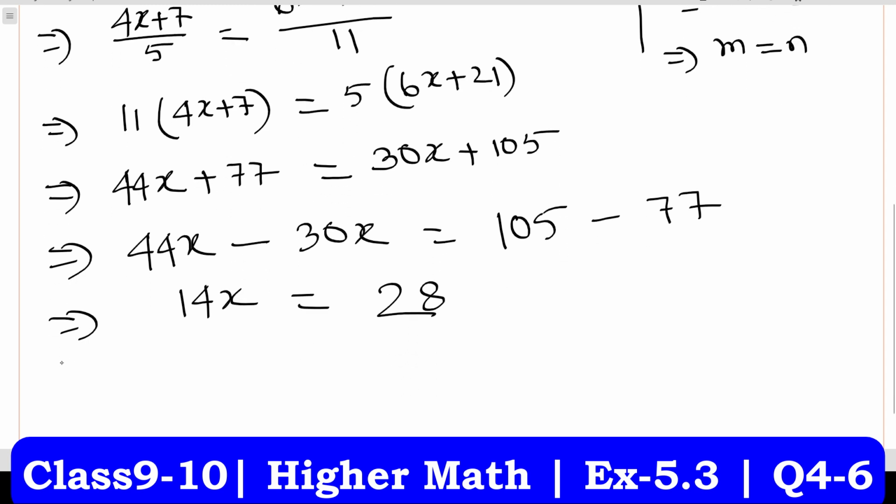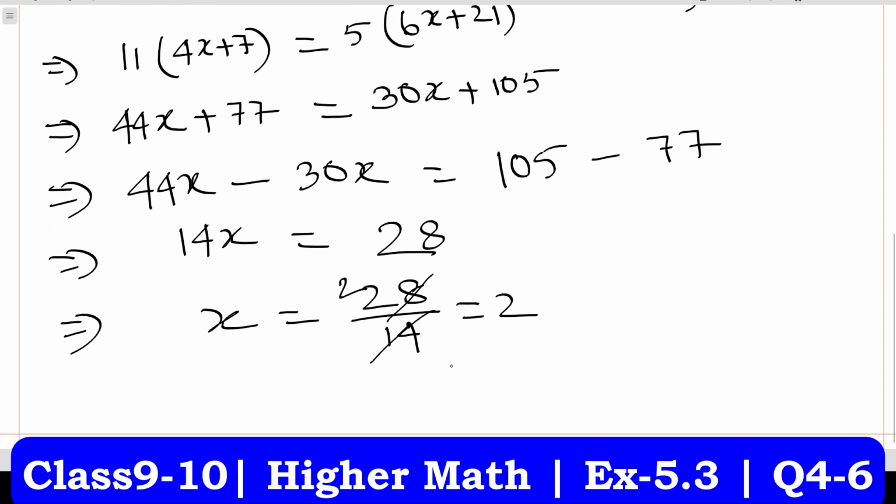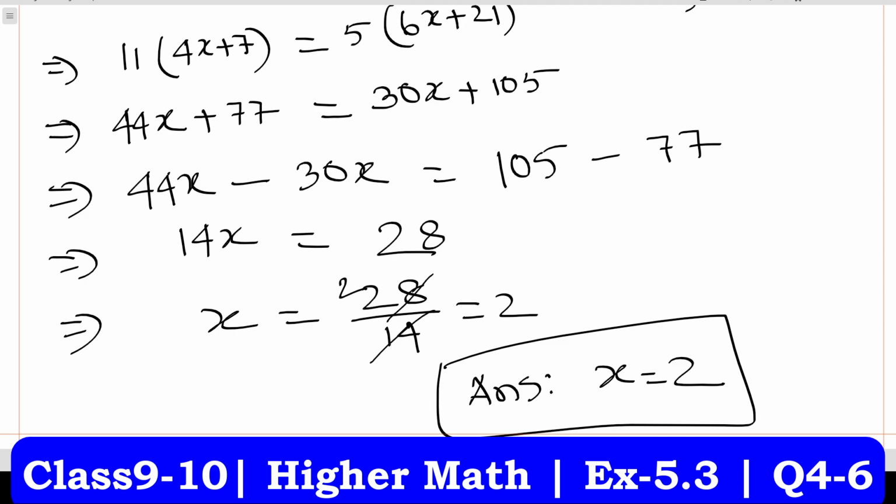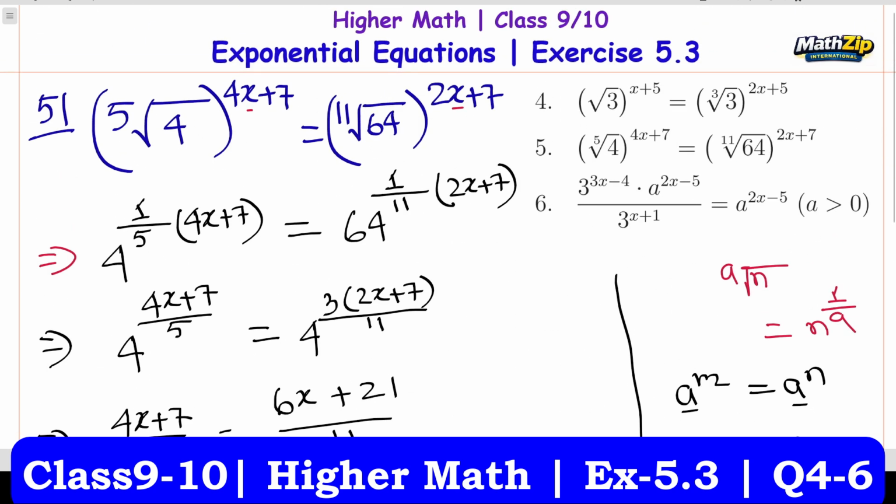So now we are dividing both sides by 14, so x equals 28 divided by 14, so it will be 2. So we can say our answer is x equals 2. Very simple. So after this we have completed number 4 and 5.